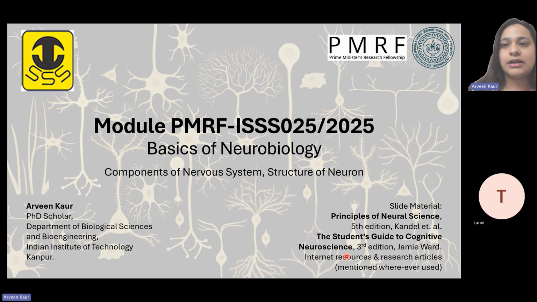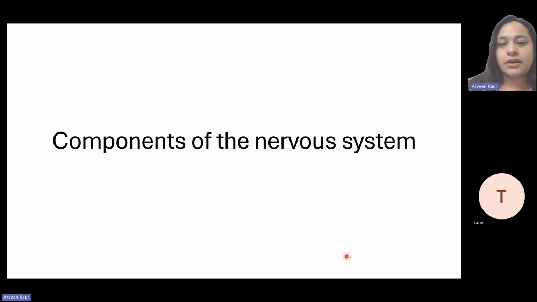Also, we'll discuss the cells that are there within both the central nervous system and the peripheral nervous system, how they are different from one another, and in what ways they are similar also. That is what we are going to discuss in this particular session. So we can begin with the components of the nervous system.